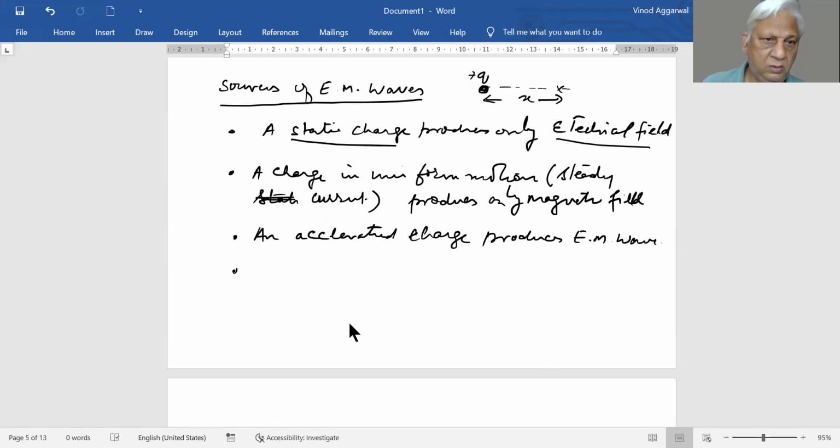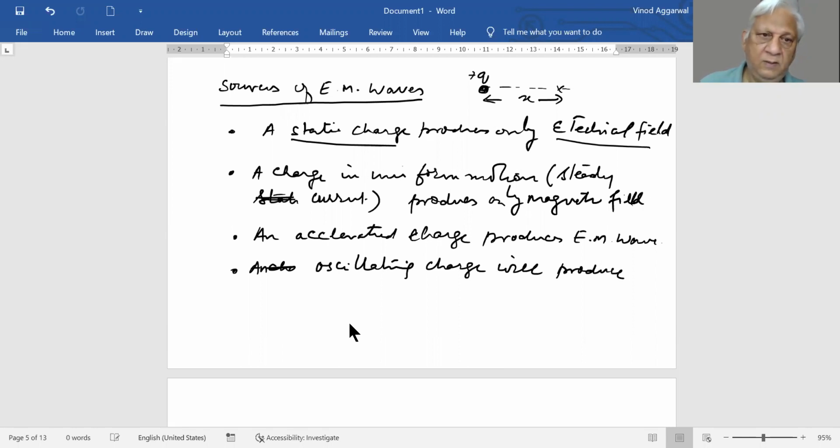Or an oscillating charge will produce an oscillating electric field.